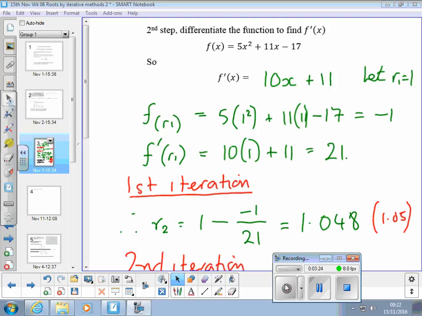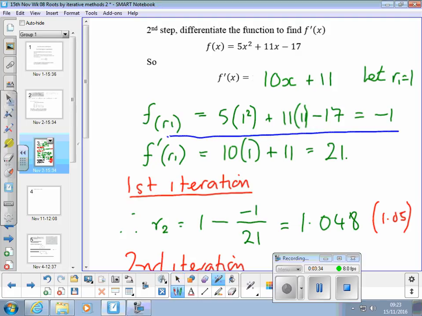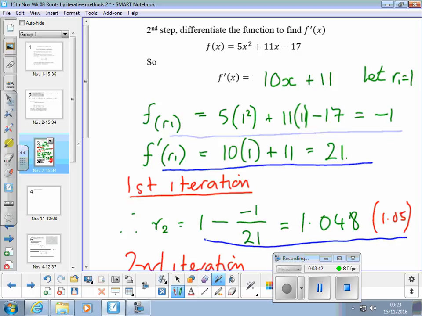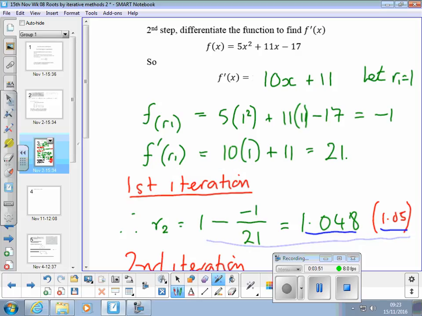For those watching the video, we find the value of the function at the first guess, which is minus 1, and the value of the differential of the function at the first guess, 21. Applying Newton-Raphson, we get 1.048 to 4 significant figures, which rounds to 1.05 at the 3 significant figures we're looking for.